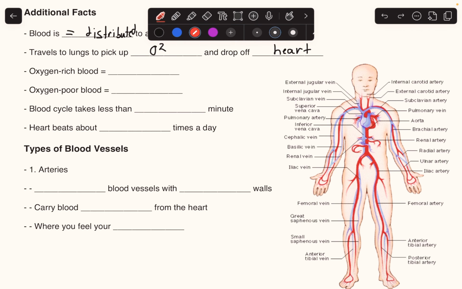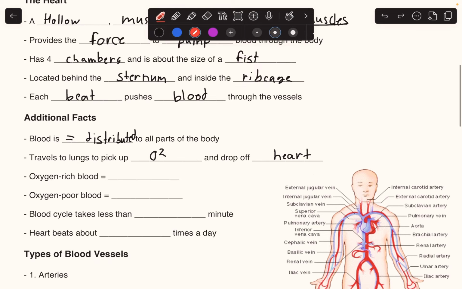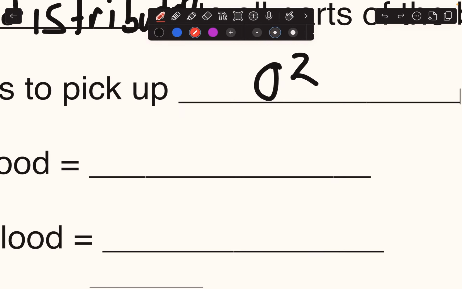There's no more oxygen in that blood, so it's oxygen-poor blood, and this is shown through blue-colored veins in diagrams. So oxygen-rich blood is in arteries, and oxygen-poor blood is in veins, and I use the color to show which ones.